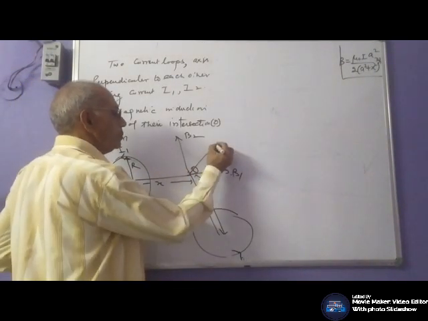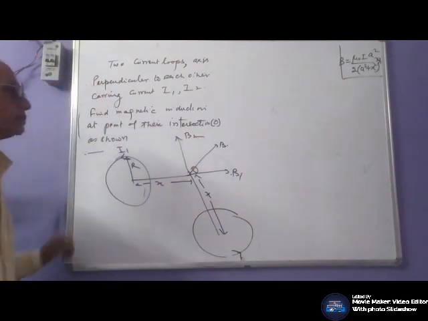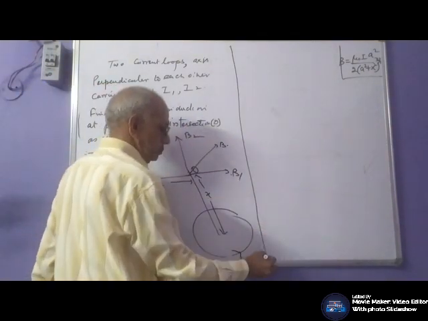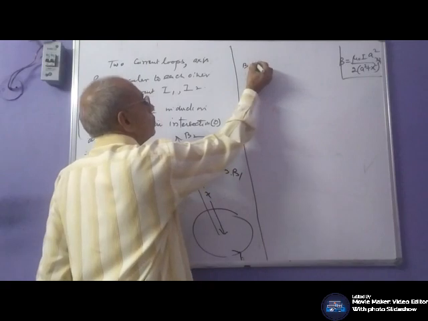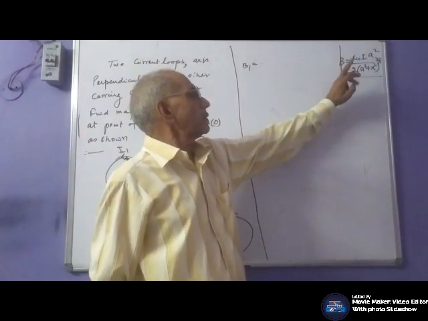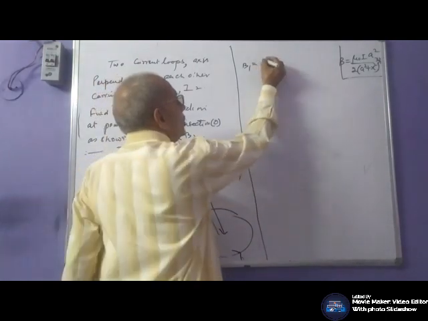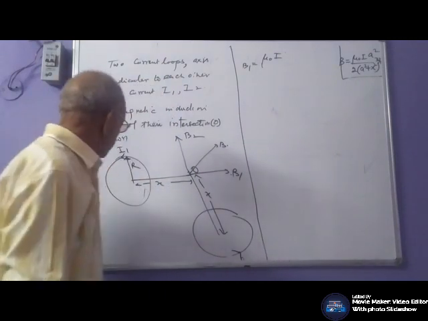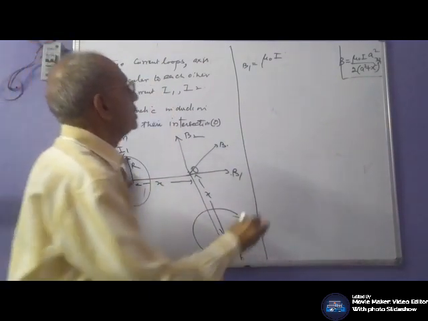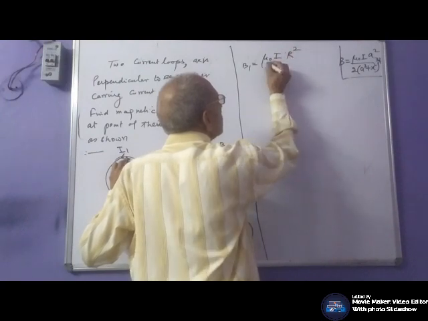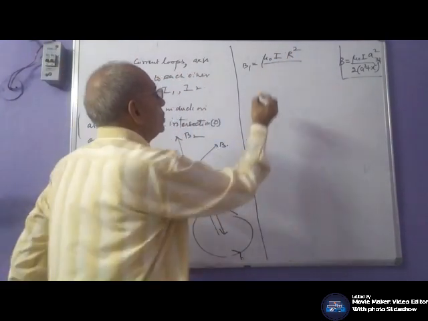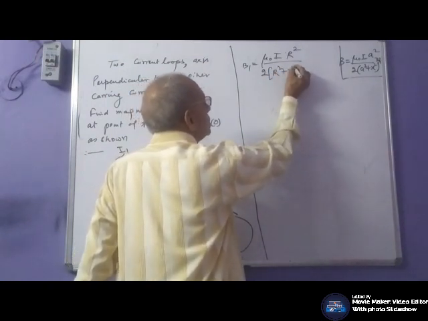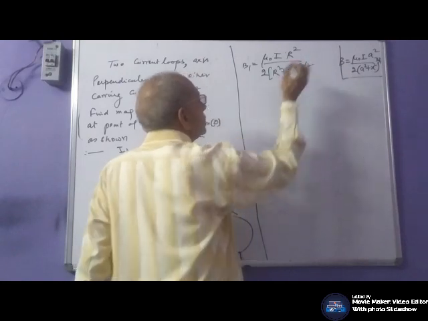So this will be what? B1, this is the formula: mu naught I A square, A was the radius, R square, by 2 (R square plus X square) to the 3 by 2.